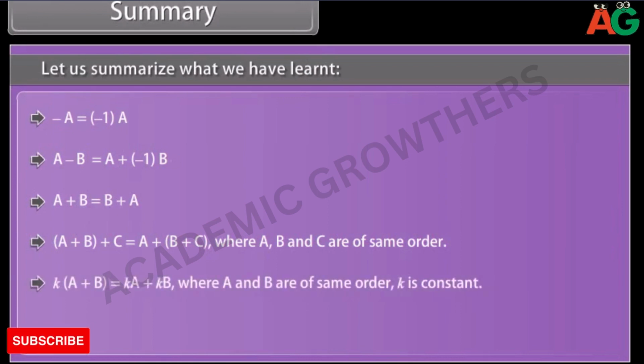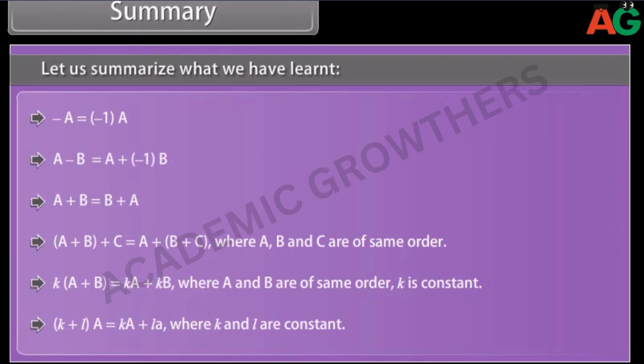K into A plus K into B, where A and B are of the same order and K is constant. K plus L into A is equal to K into A plus L into A, where K and L are constants.